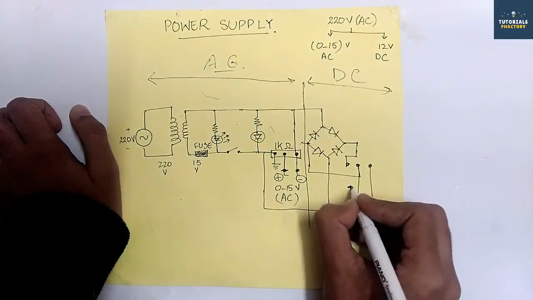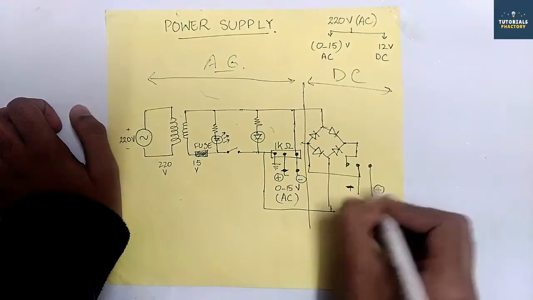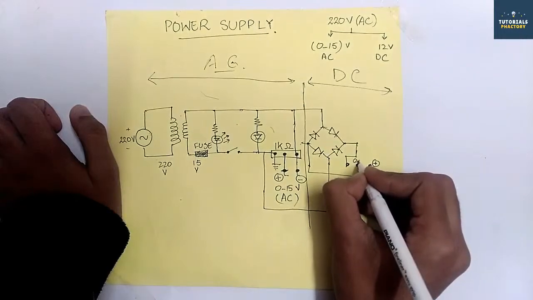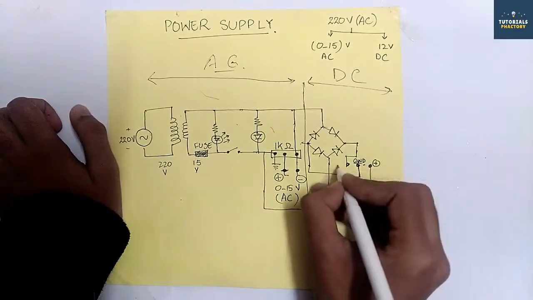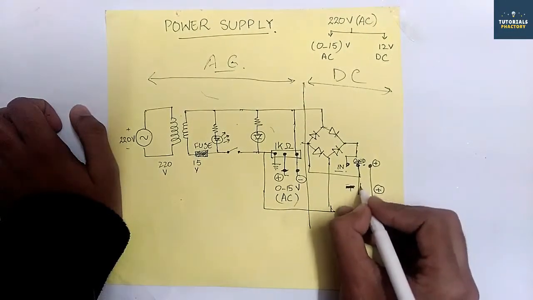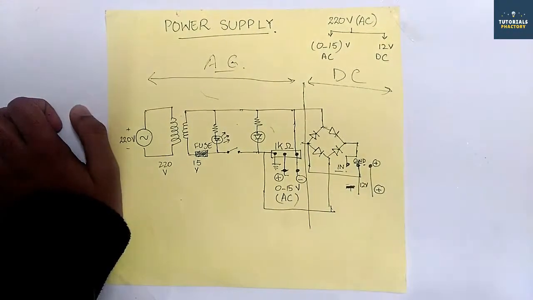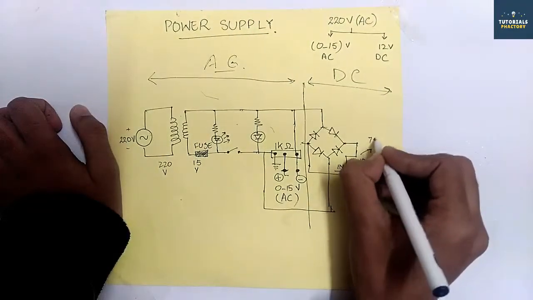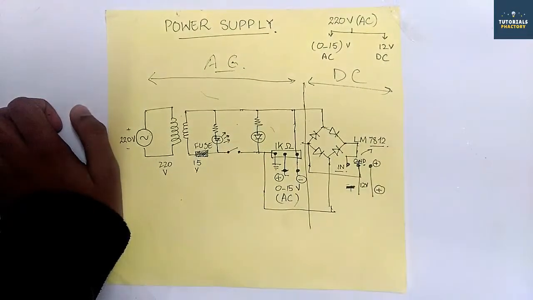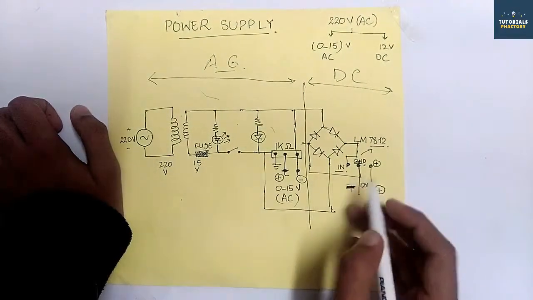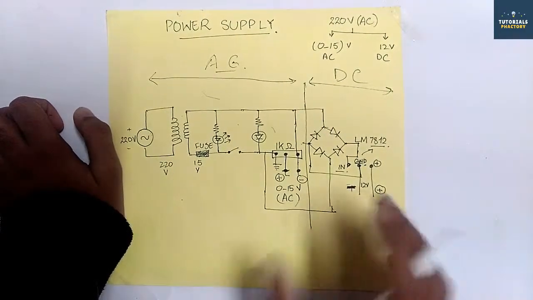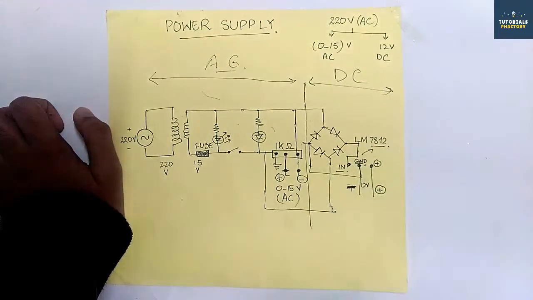This is our ground, and this is our positive terminal. Okay, now we have 12 volt DC from the LM7812 regulator. But this 12 volt is pulsating and varies between 0 to 12 volts.